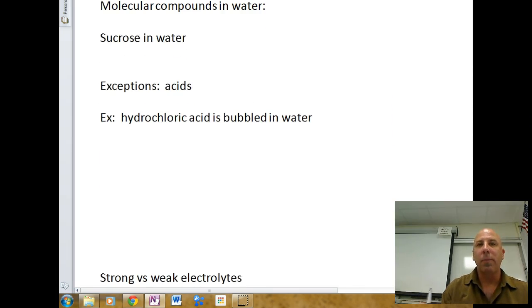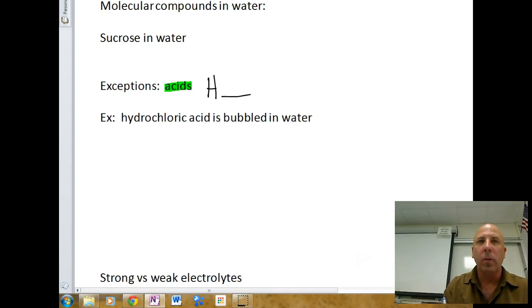Of course, there are always exceptions in chemistry, and our exceptions are acids. We remember those acidic molecules from regular chemistry often lead with a hydrogen, but not always, with something else placed behind it. We'll be talking more about acids in the days to come.